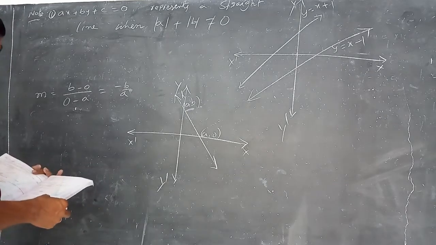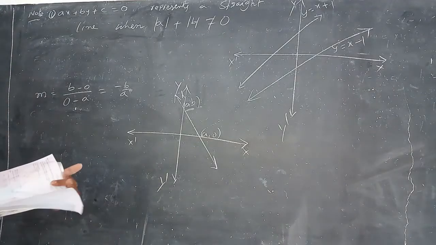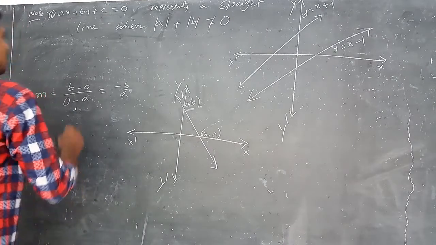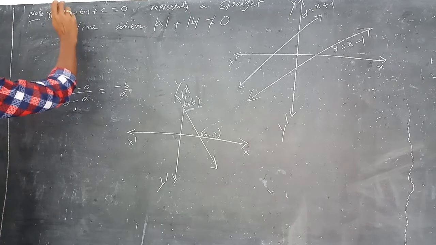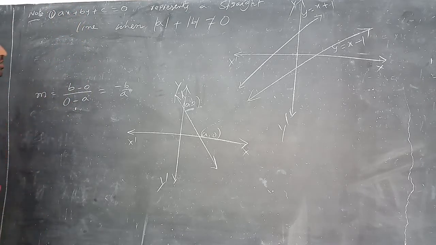Slope of a line. Let us find the slope of a straight line which is not vertical.